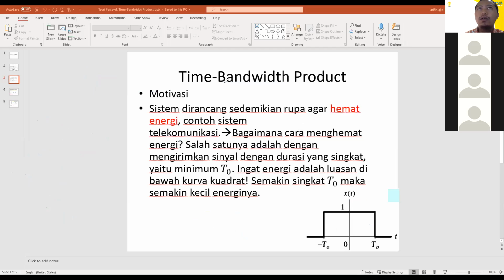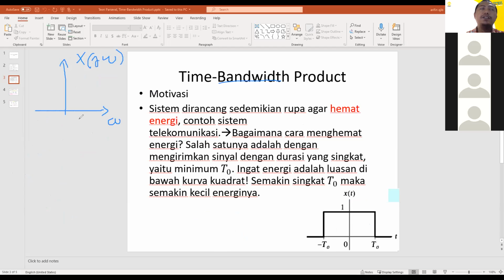So let's talk about the bandwidth. The bandwidth of a signal, let's say this is X(jω). It means the signal x in the frequency domain.